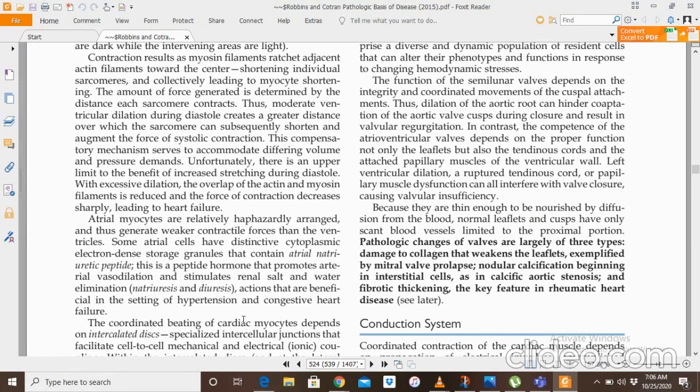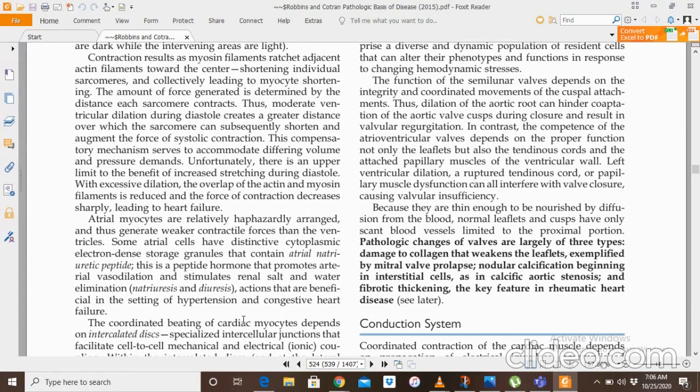I have told you. Then they are saying that the atrial myocytes, the muscle cells of the atrium, secrete a special peptide hormone called atrial natriuretic peptide. That atrial natriuretic peptide causes atrial vasodilation and stimulates salt and water excretion, salt and water elimination from the body.